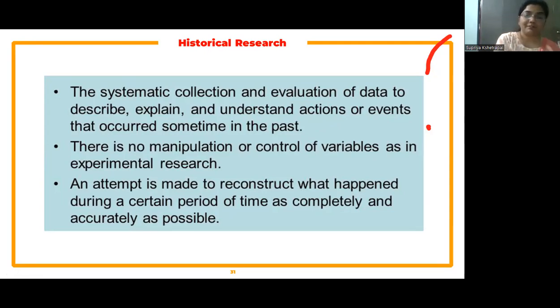So if we vary x, then ultimately y will vary. So we have control on the variable. Whereas in historical research, there is no manipulation or control of variables. So we cannot make any changes here, right?